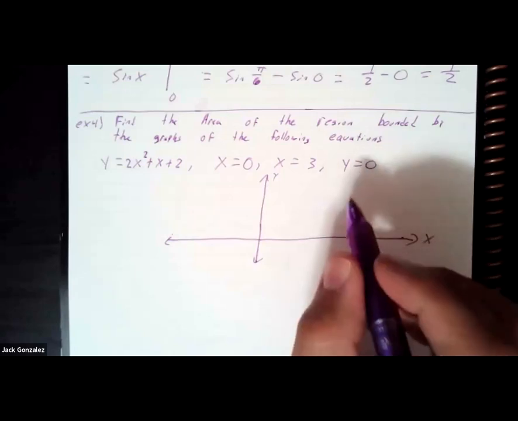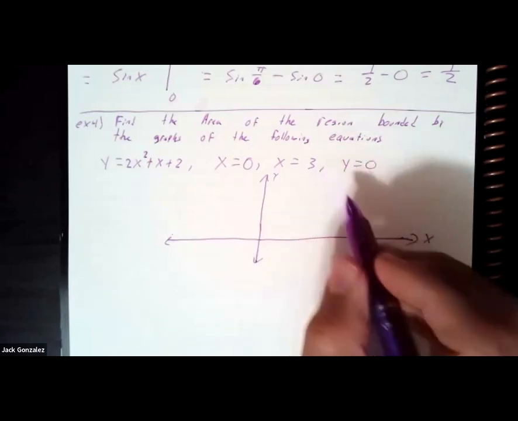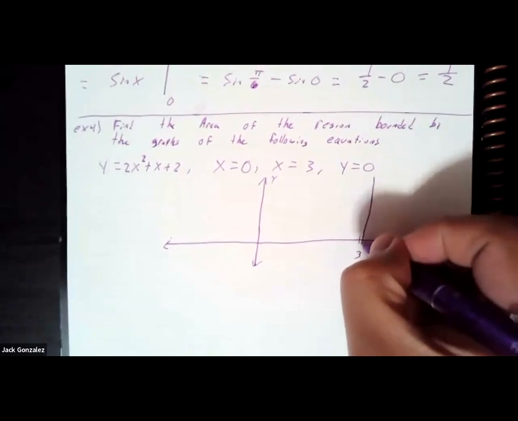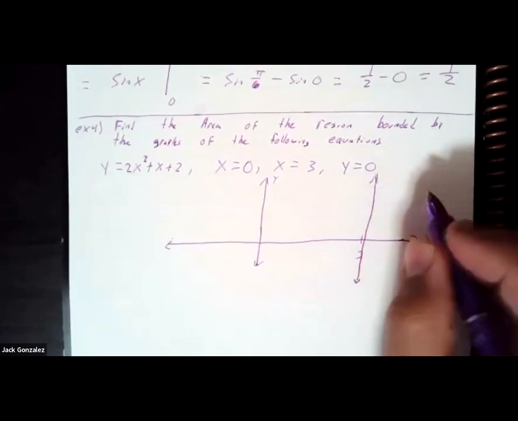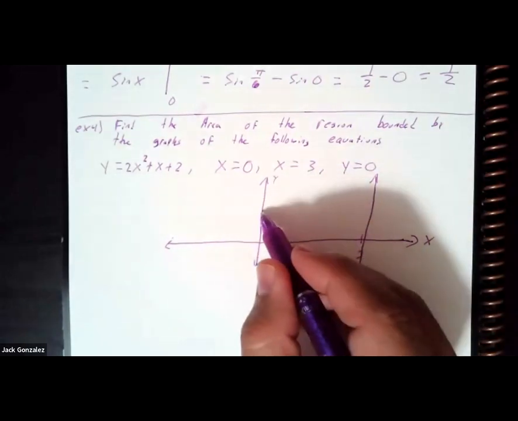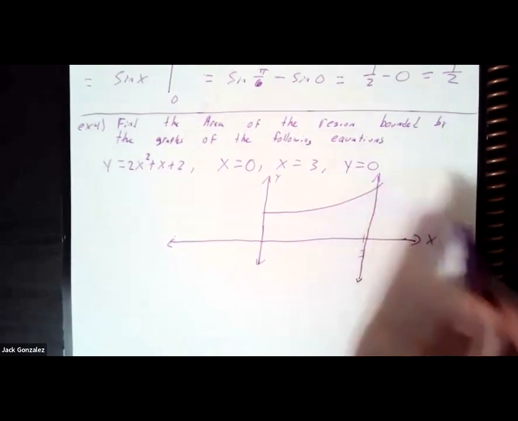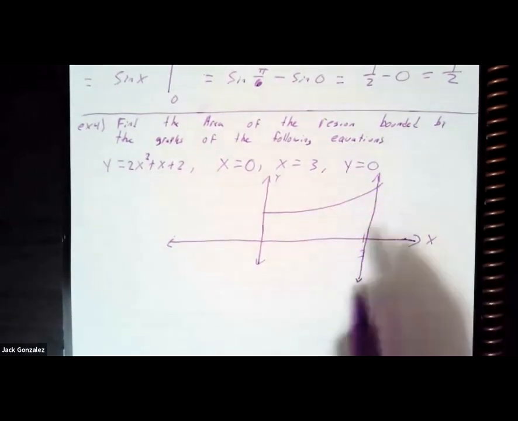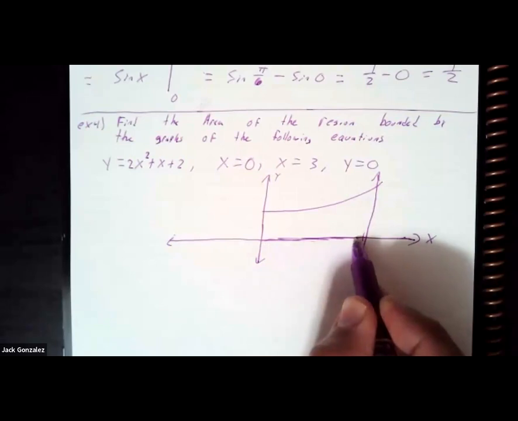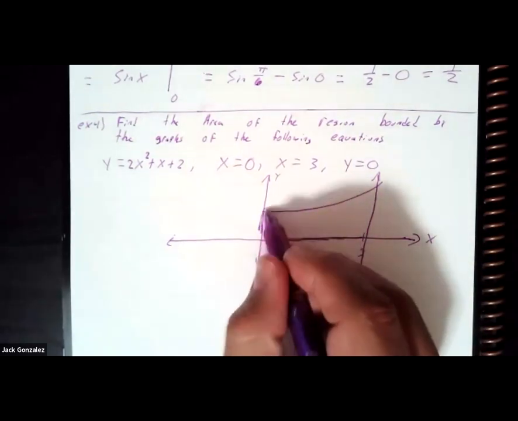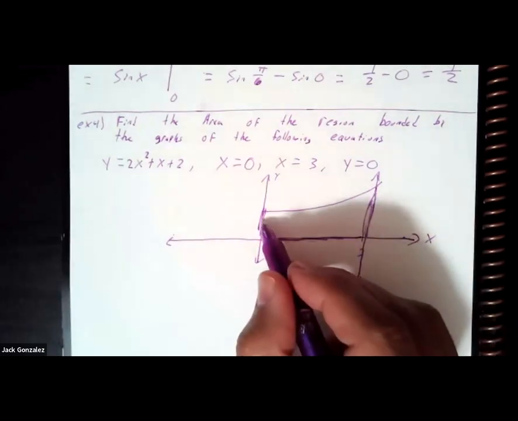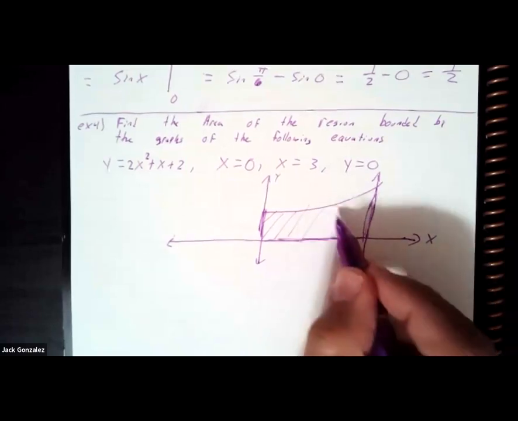The parabola is going to be doing something like this. Let's say 3 is right here, vertical line going this way. 0 is right here, so it'll be bounded there. And then we're bounded by y equal to 0, which is down here, and x equal to 0, which is over here, and bounded on the right by this vertical line. So the section that we're enclosing is this.